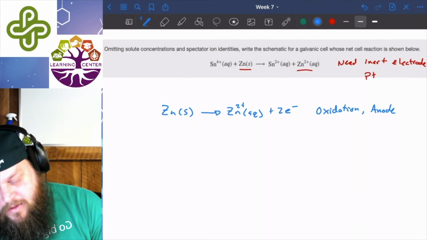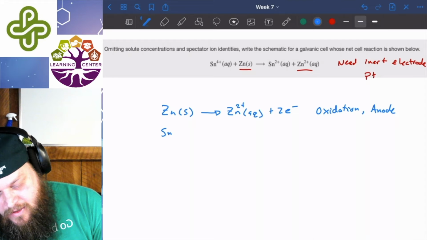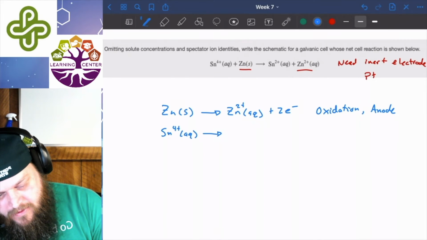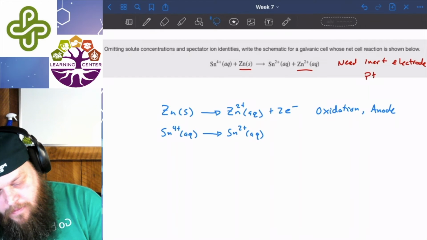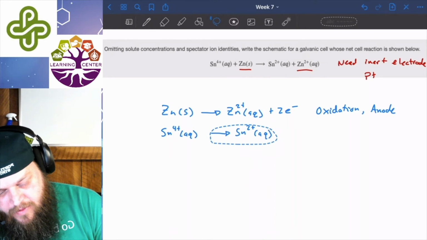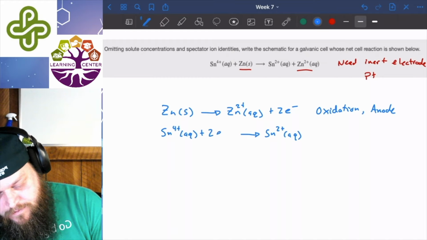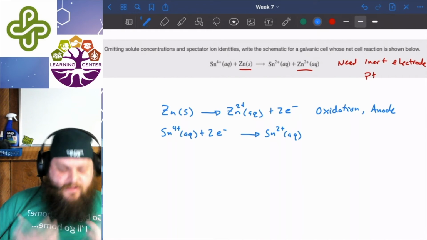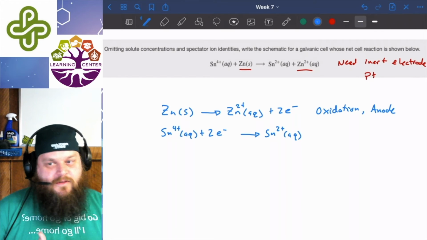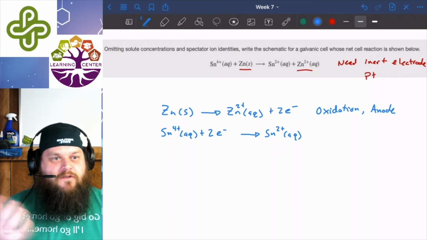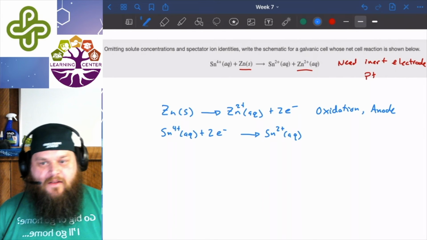The second one starts out Sn4+ aqueous, and that's producing Sn2+ aqueous. And the electrons are going to have to be a reactant just to balance the charge on both sides. So we have a 2+ charge on the right side. We need to have a net charge of 2+ on the left side to make sure that's balanced.